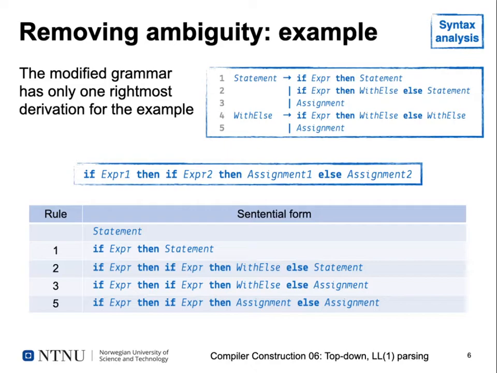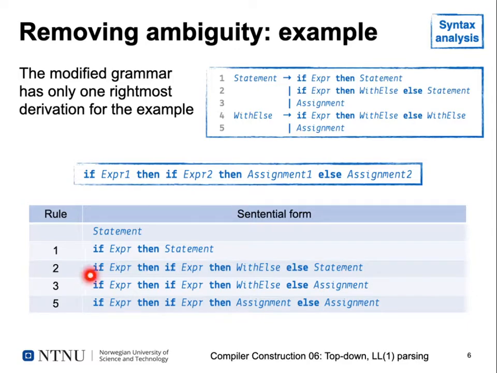So let's take a look at another example for our grammar here. Here we know we only have one rightmost derivation for the example, and then we can go through this. We start with a statement, so our start symbol is the first non-terminal symbol in our grammar, and then we go to if expression then statement, and then we can extend this statement by actually going to this one here, and then we know we have a with-else somewhere, otherwise we'd have no with-else.